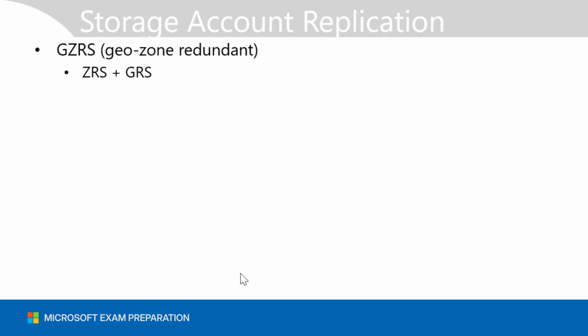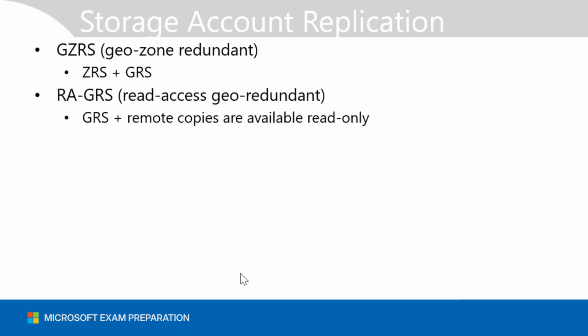The last 3 are kind of combinations of some of the other 2. GZRS is zone redundant plus geo redundant. So there's 3 local copies, 1 in a different data center in the same region, and then 3 remote copies in a secondary region. RAGRS makes the geo redundant data, the secondary copies, available for read access.